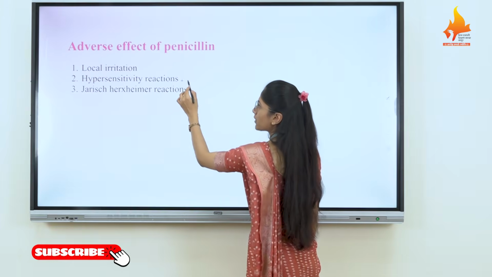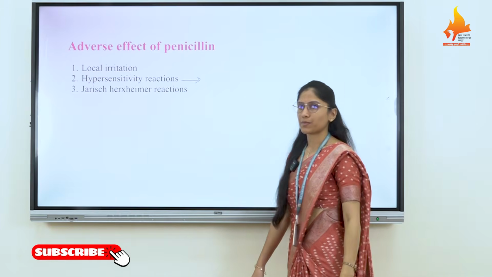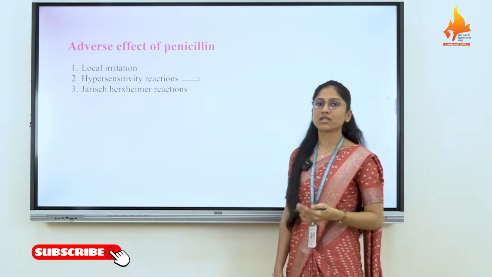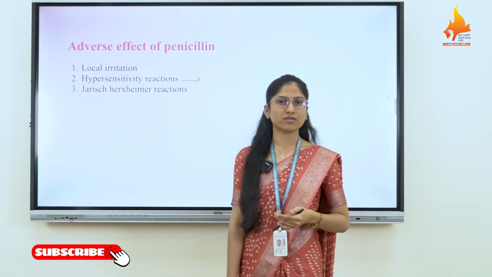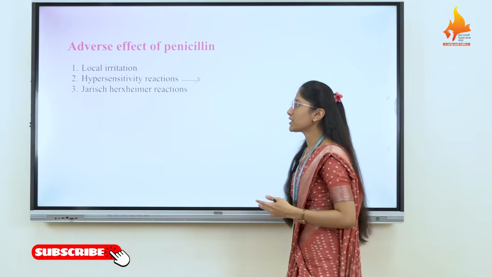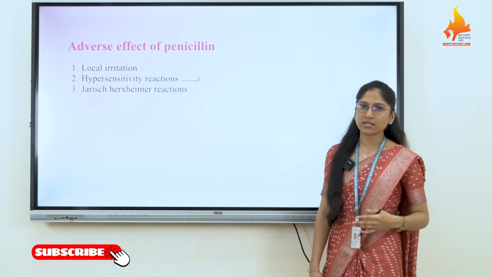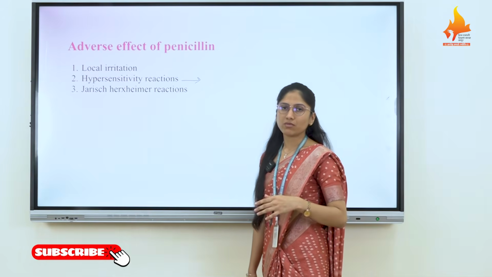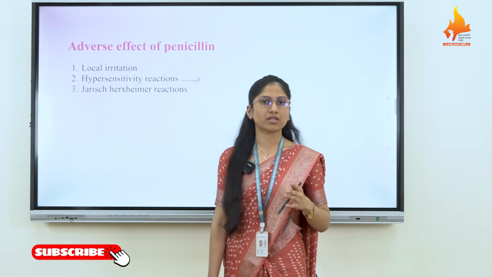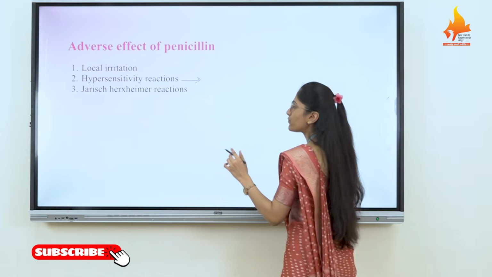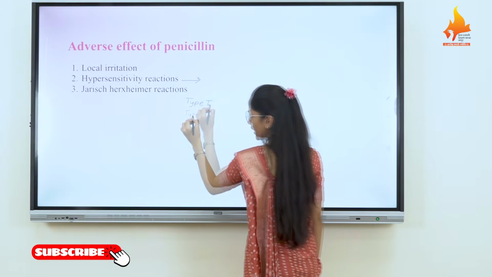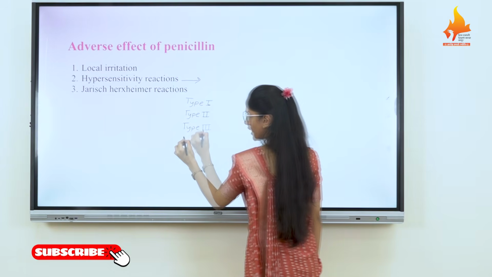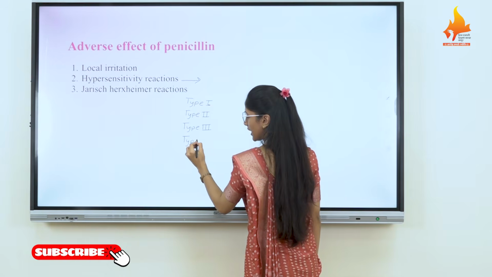Second one, that is a hypersensitivity reaction. The autoimmune diseases are nothing but the hypersensitivity reaction response. So hypersensitivity reaction is an excessive or abnormal immune response against that particular antigen. There are four types of hypersensitivity reaction: type 1, type 2, type 3, and last one, type 4.